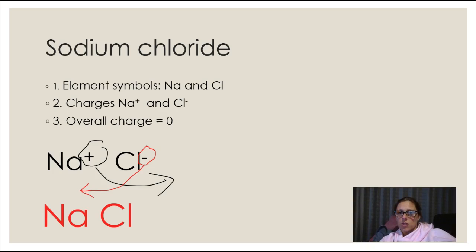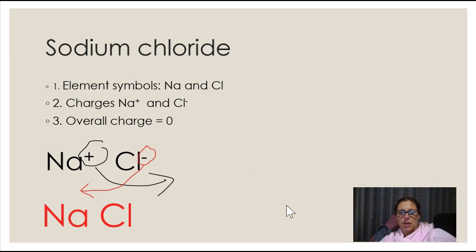However, this can also be done by the drop and swap method. So if we look over here, we have a +1 charge. We drop and swap to the other side. So this would become a 1 on this side. Here we drop and swap, and it comes over here a 1. So I've got Na1, Cl1. But we don't need to record the 1s, so we just leave it as NaCl.